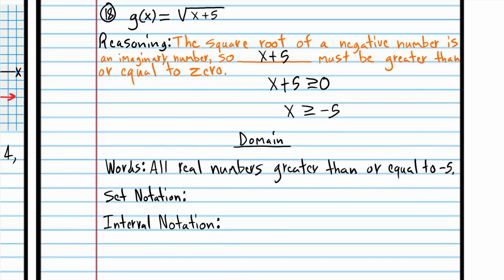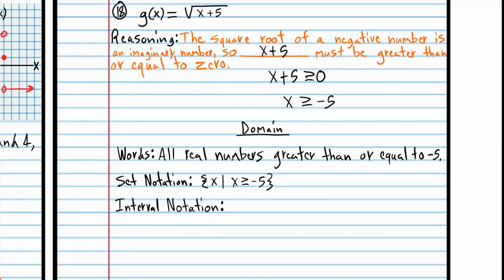And in set notation, we say the domain is the set of all x values such that x is greater than or equal to negative 5. In interval notation, we write, and we're going to need brackets, or one bracket, a bracket, negative 5, comma, positive infinity with the parenthesis.